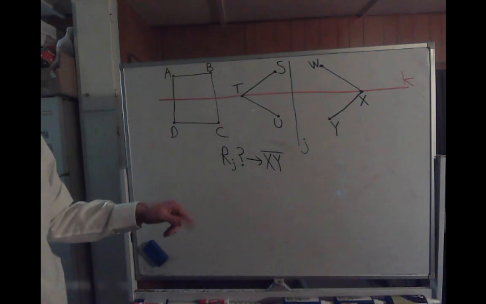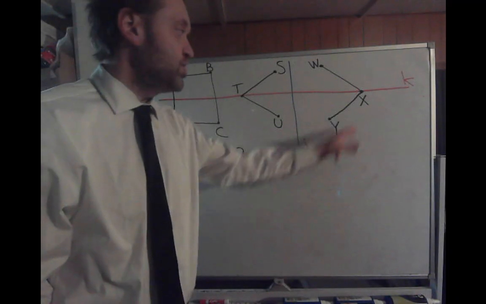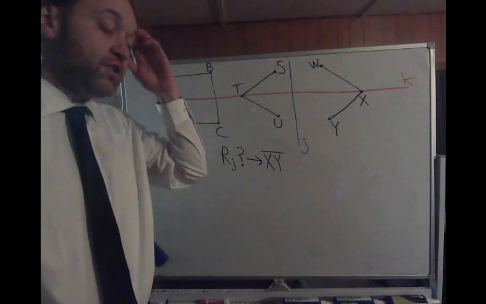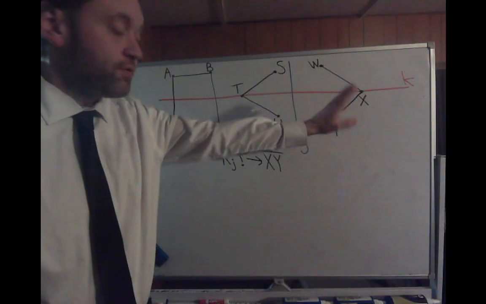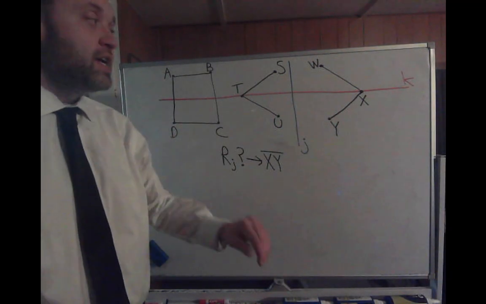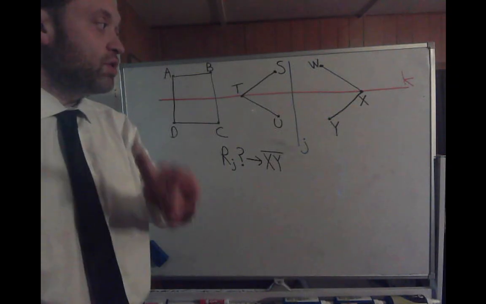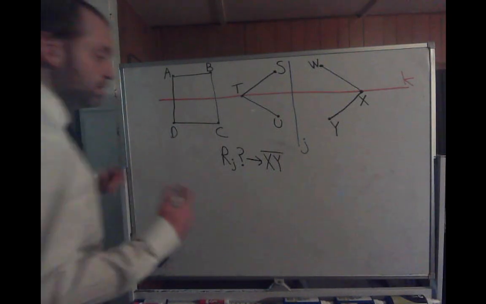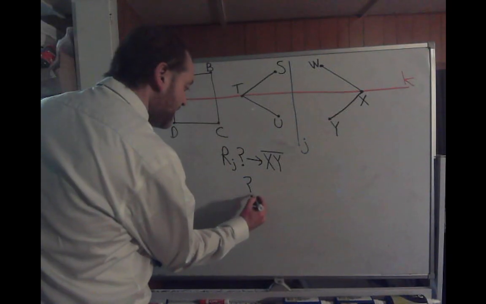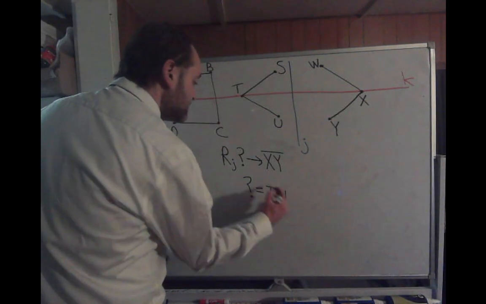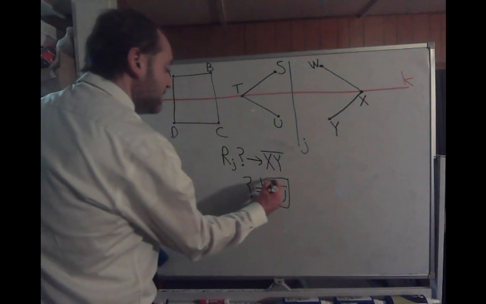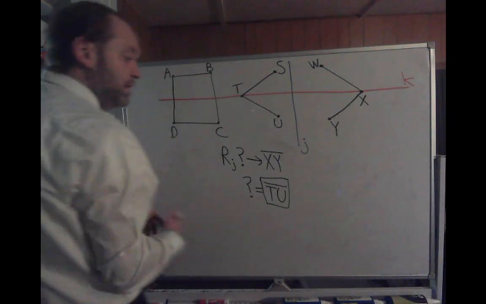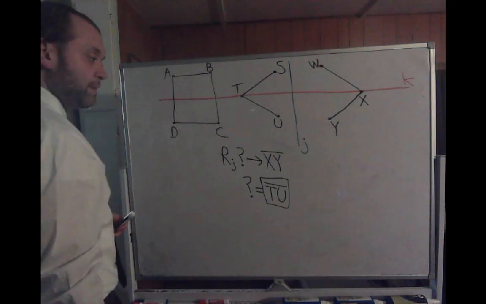What would give you an image of XY if it's reflected through line J? Well, again, if you're reflecting through the vertical axis, you're not changing your y coordinates at all. You're only changing your x coordinates. Well, that would be TU. So that question mark would actually be the line segment TU. That would be the reflection in the line J of XY. You would get the line segment TU. All right.